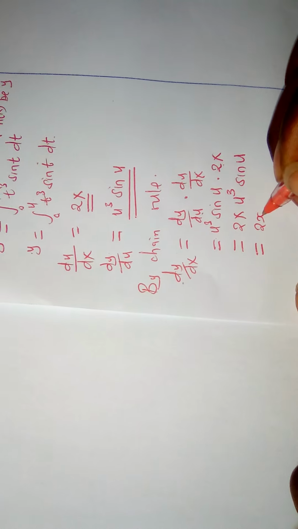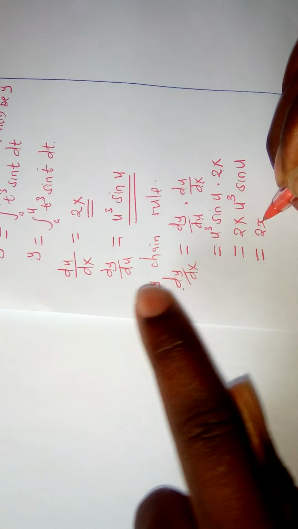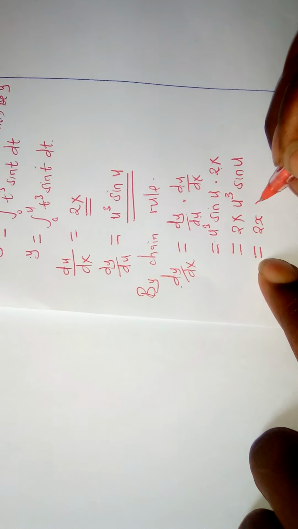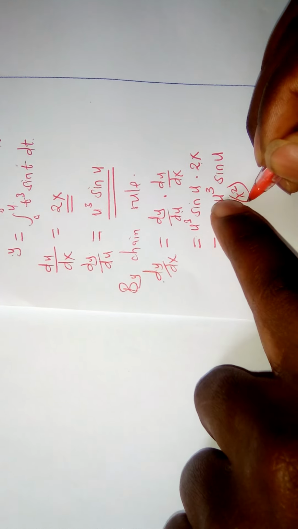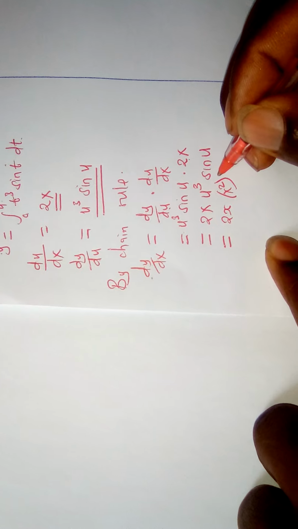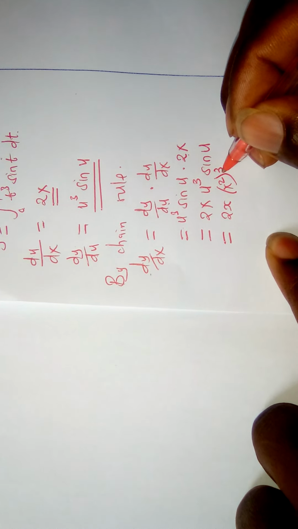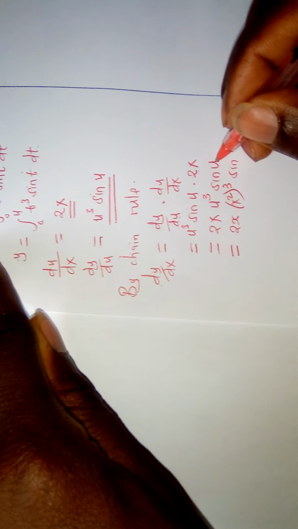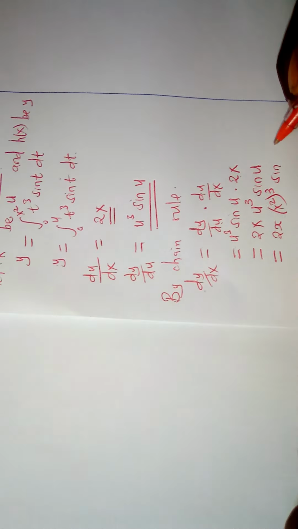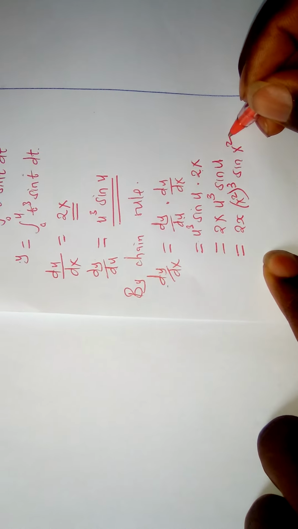It will be 2x, u cubed, my u is x squared, so it will be x squared cubed, because of the cube on u. Then sine u, and what is u? u is x squared, remember? So I'll come here and say sine x squared.